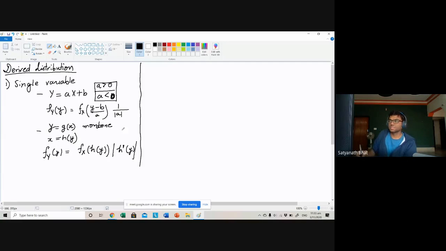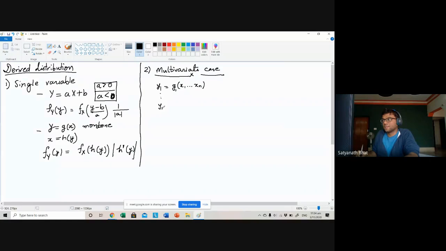Now, from this, what we want to do is generalize. So we come to the multivariate case. Does somebody have any question? In the multivariate case, we looked at the same pattern. So y is some function of x. y1 is equal to g1 of x1 to xn.